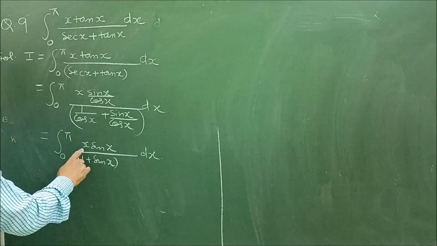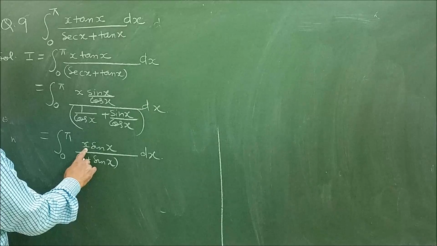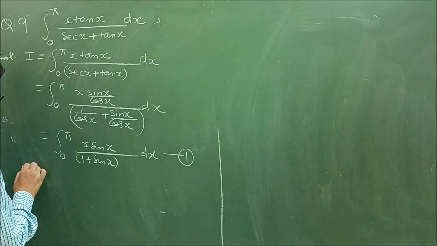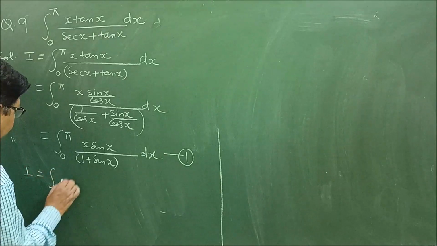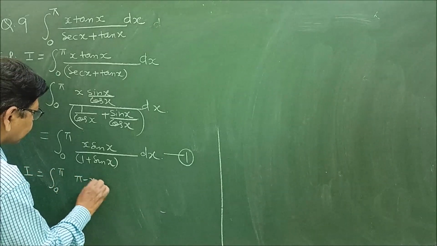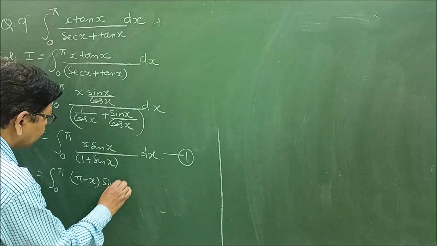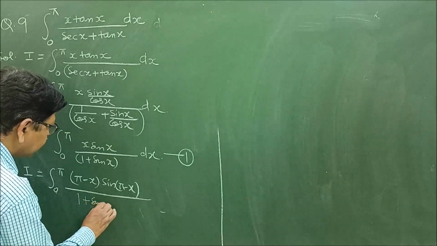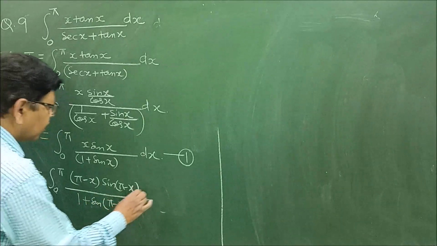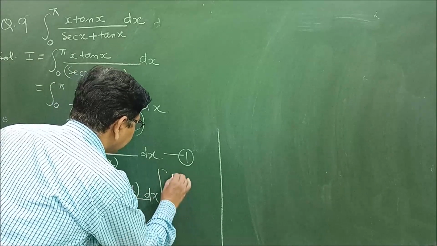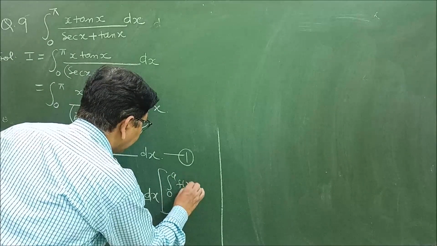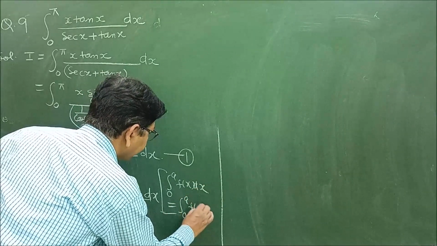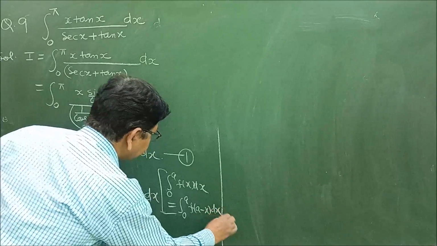Now again this definite integral has the variable x, so let us apply the property. This I is equal to integral 0 to pi, replacing x by pi minus x, of pi minus x times sin of pi minus x upon 1 plus sin of pi minus x dx, using the property integral 0 to a of f(x) dx is integral 0 to a of f(a minus x) dx.